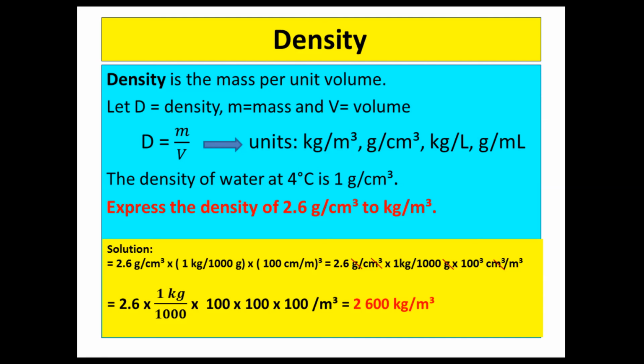So we have 2.6 multiplied by 1 kilogram per 1000, times 100 cubed. So now we have cubic meter in the denominator. So 2.6 times 1 kilogram divided by 1000 multiplied by 100 cubed. So we have 2600 kilogram per cubic meter. The procedure for other processes is also the same.